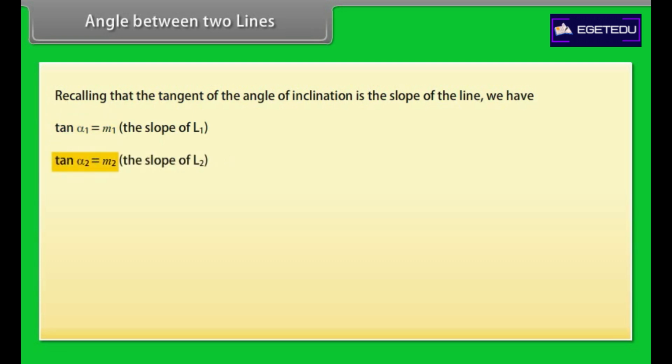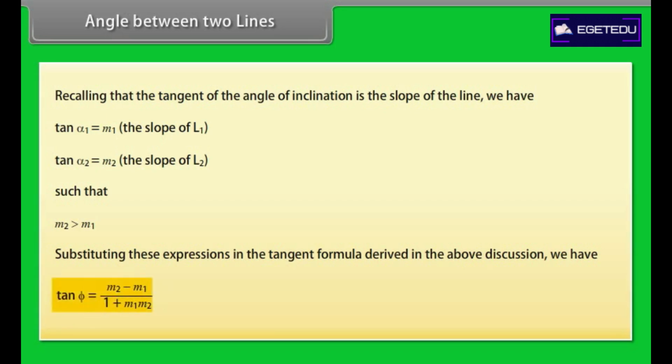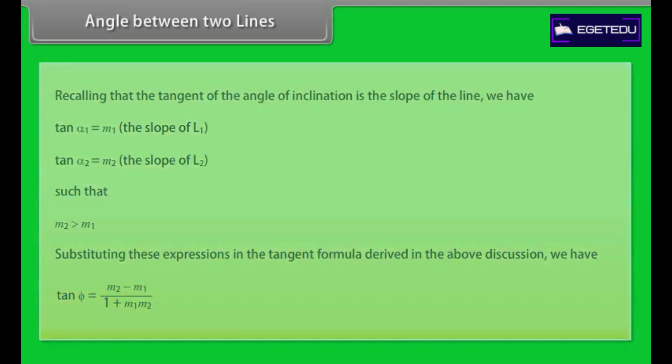Tan alpha 2 = m2, that is the slope of L2, such that m2 is greater than m1. Substituting these expressions in the tangent formula derived in the above discussion, we have tan phi = (m2 - m1)/(1 + m1 m2).